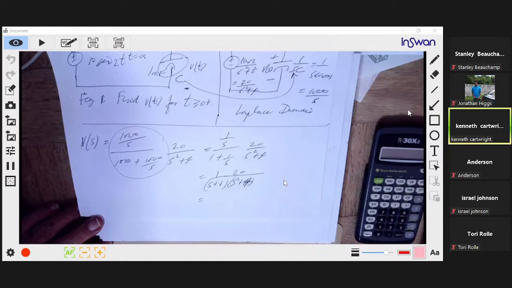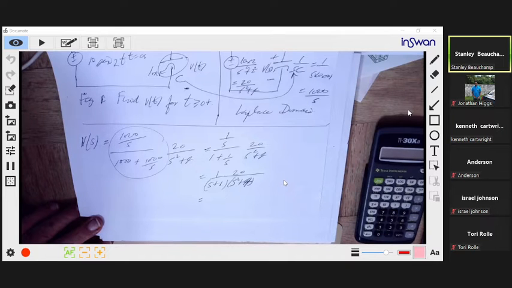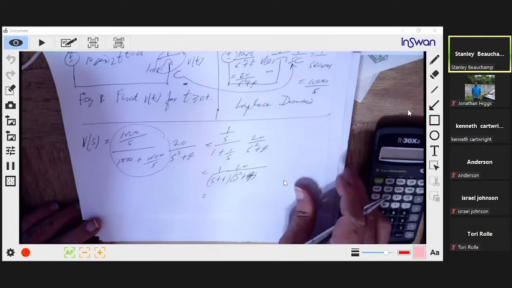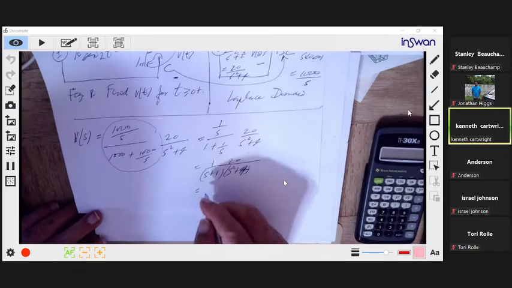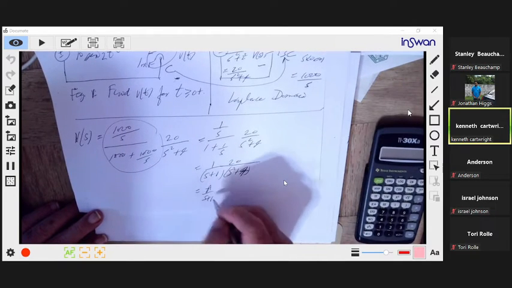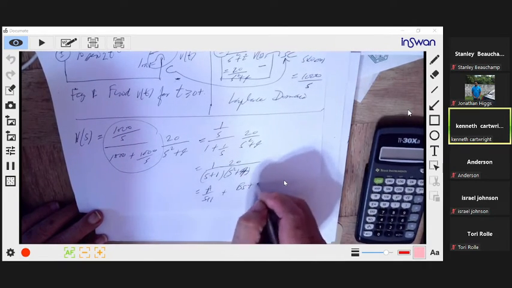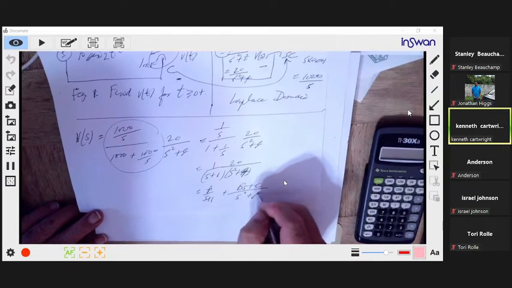So how many unknowns are we going to have? Three: A, B, and C. So this becomes A over S plus 1 plus BS plus C over S squared plus 4.